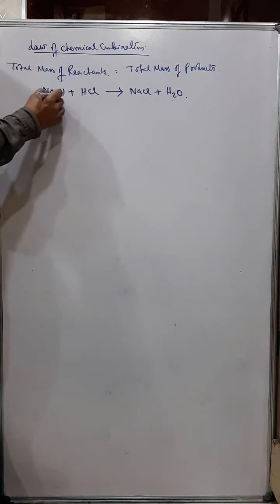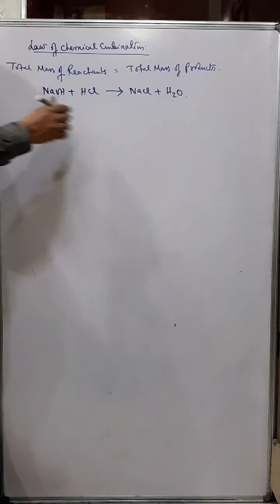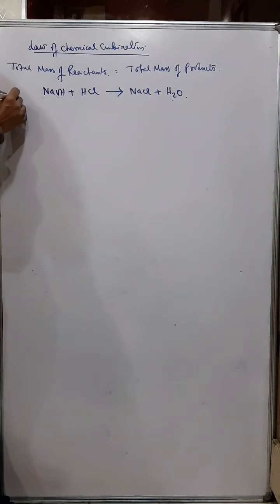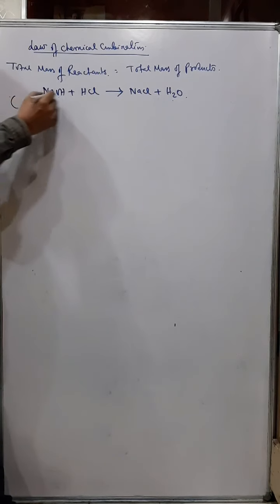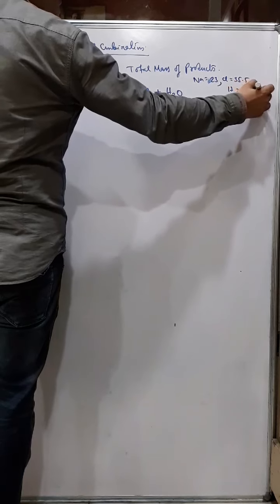Now we'll get the RMM of all this, and we'll see that the left hand side and the right hand side are equal. So for sodium it is 23, chlorine is 35.5, hydrogen is 1, and oxygen is 16.